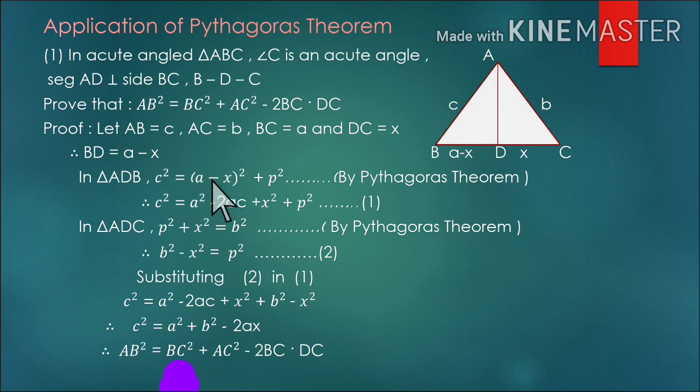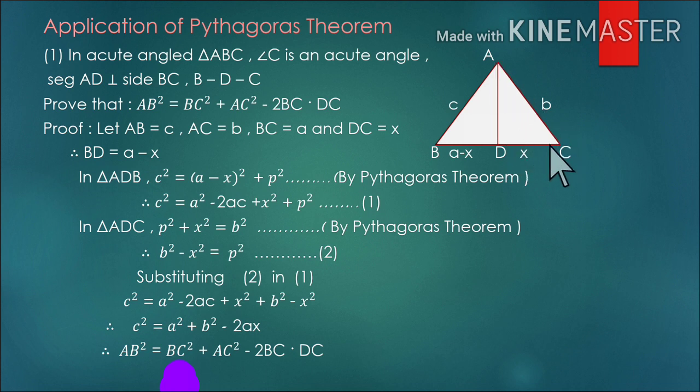Therefore, now C square is equal to A square minus twice AC plus X square plus P square. This is equal to 1. Now consider the triangle ADC. Again, in triangle ADC, angle D is 90 degrees. Again, we can apply Pythagoras theorem here.